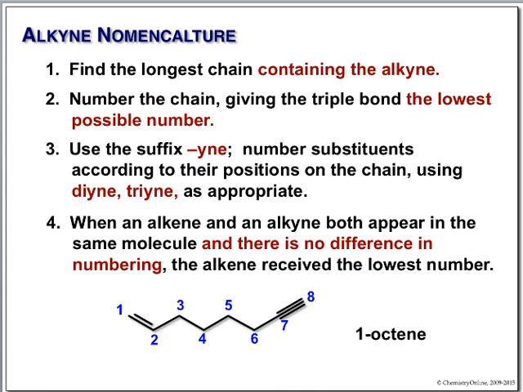We start off just knowing that it is an alkene, or octene, 1-octene. But we have to somehow say that we have our triple bond here at carbons 7 and 8. The way we do that is change the ending here, drop our e off. We'll put in the location of our triple bond, so this is a 7-yne now. 1-octen-7-yne.